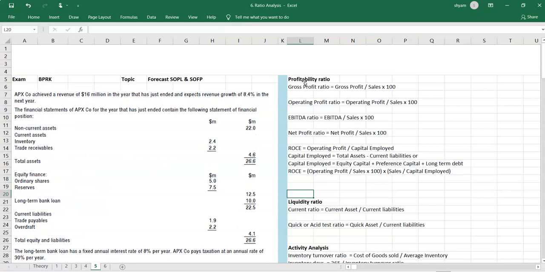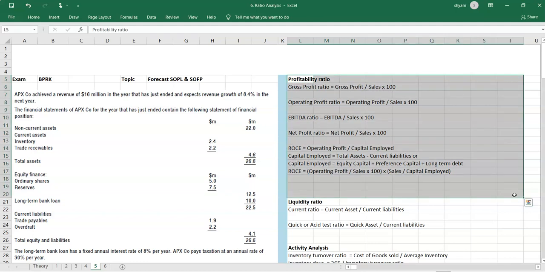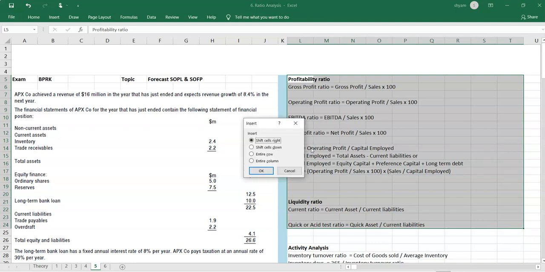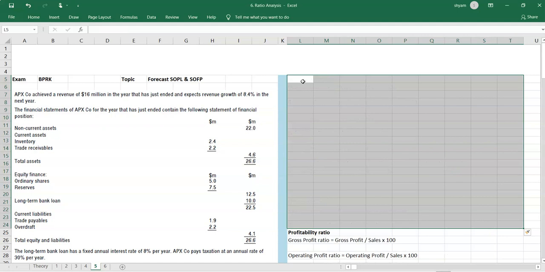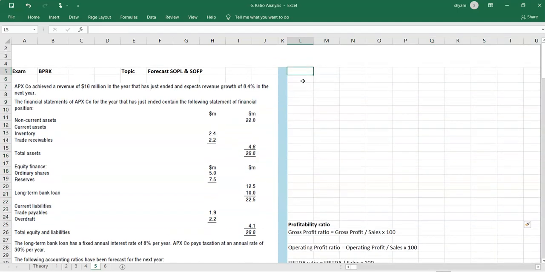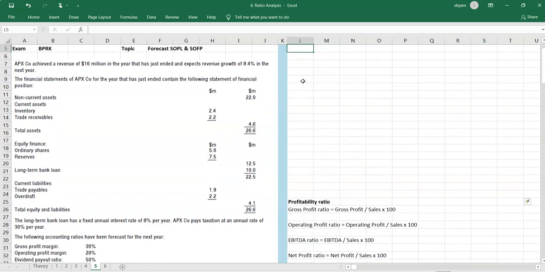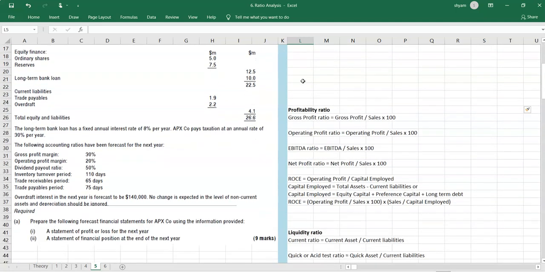What we'll do is first create the SOPL, and then we will try to create the SOFP. So let's create the SOPL.